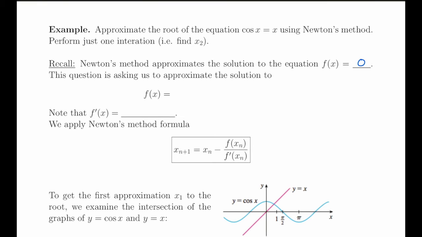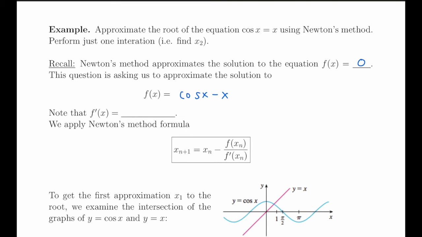So whenever you have something like this, you bring everything onto one side. And whatever is on the other side of 0 is going to be your function f of x. So for this case, you're going to let f of x be cosine x minus x or x minus cosine x. It doesn't matter. But the important part is that you need to make sure that one side of that equation is 0. So I'll do cosine x minus x.